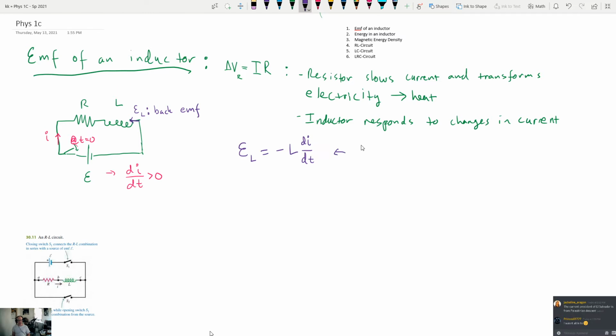So this quantity, E sub L, is greater than 0 when... L is always a positive quantity. Remember, L is measured in henries. Just like resistance, there's no negative resistance, there's no negative inductance. So E sub L is positive when what is true? When the rate of change of current goes down, when di/dt is negative, that is to say when the current is decreasing.